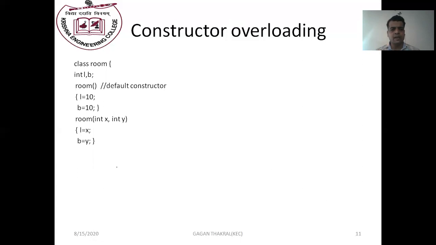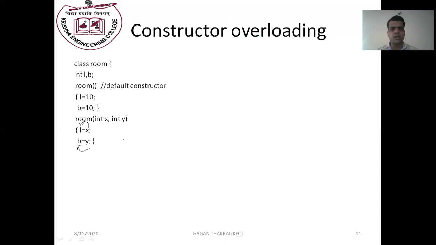The value of x is assigned to L and y is assigned to the variable B. So it is known as a parameterized constructor. When we pass parameters inside the constructor, it is known as a parameterized constructor.